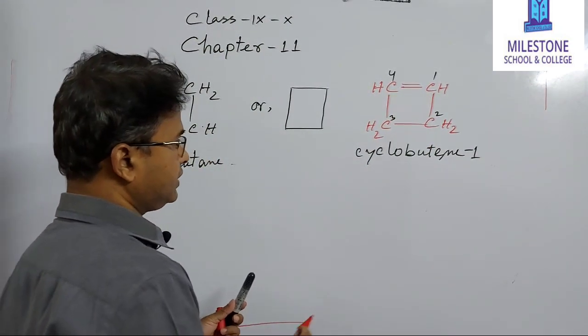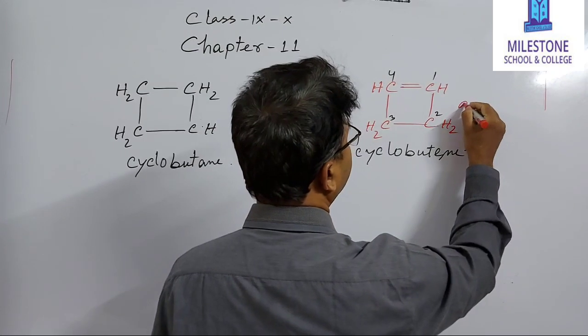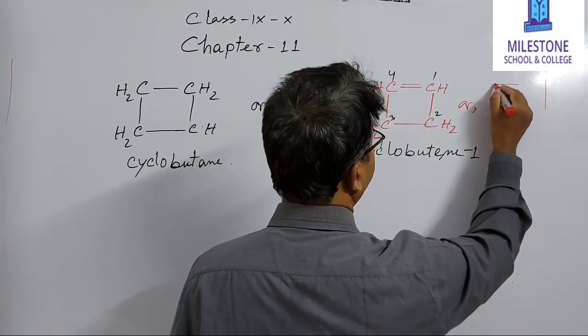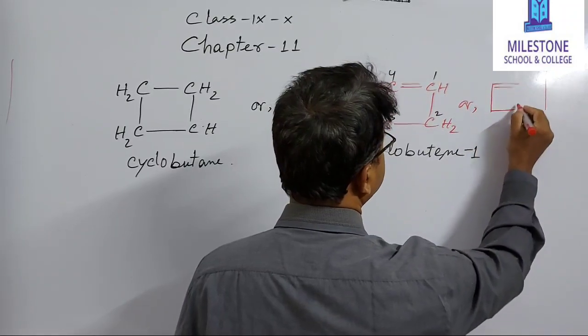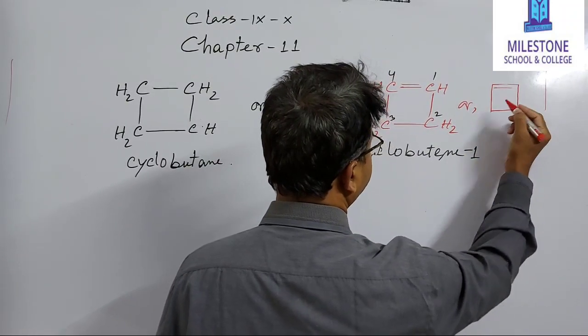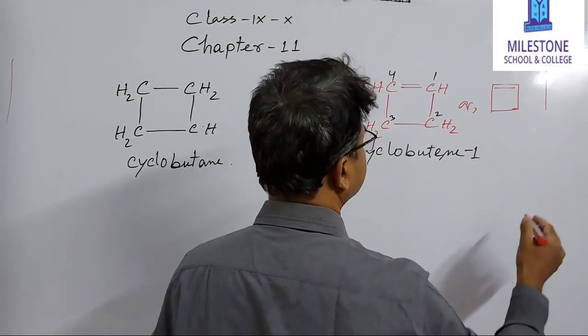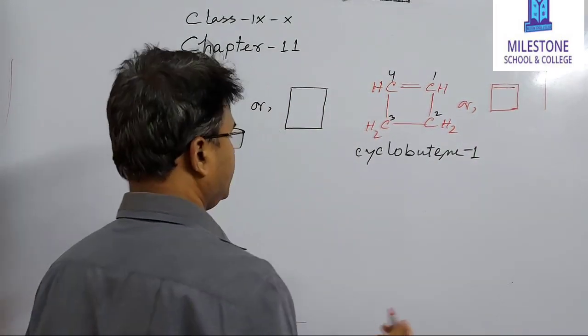Cyclobutene can also be written like this. You have to write a square and give another straight line on the inner side of the square.